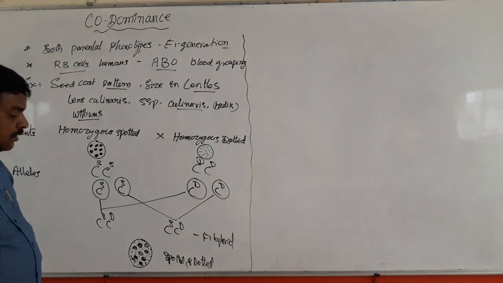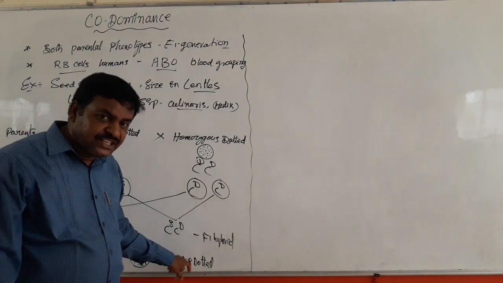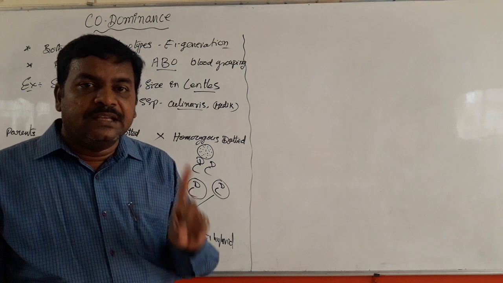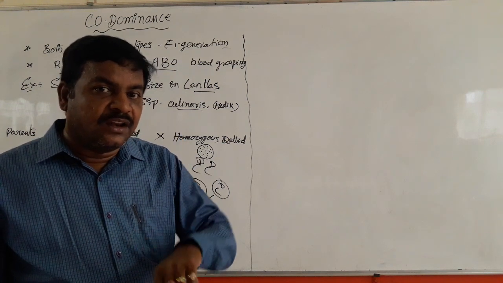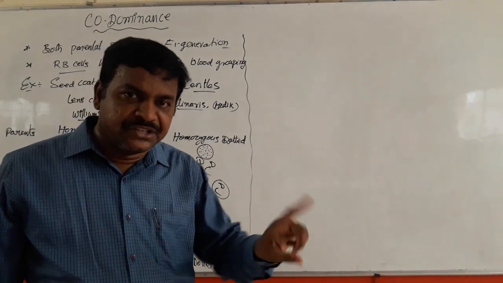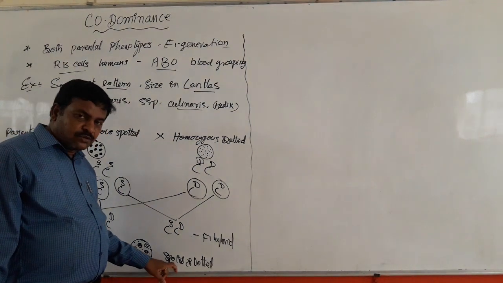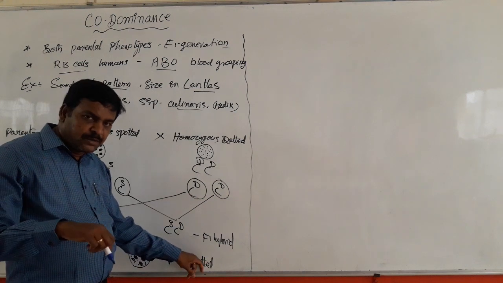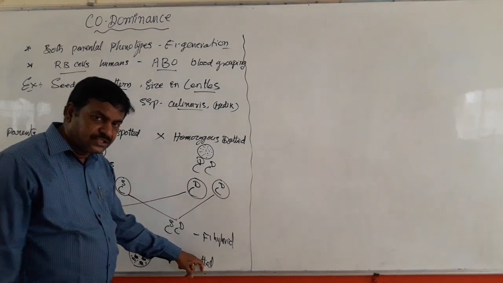Students, in this co-dominance, neither spotted nor dotted alleles are recessive or dominant over the other.